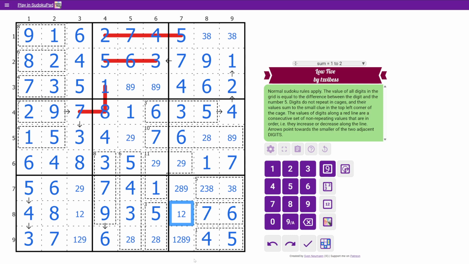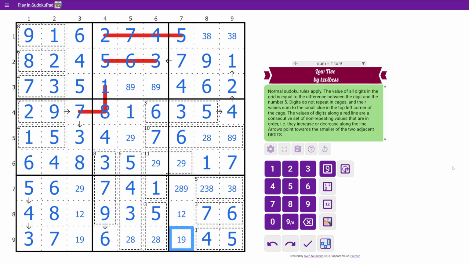Oh, this is gonna have a 3. Oh, yeah, I guess that's not quite resolved. There is a 2, 8 combo in there, in that bottom row though, so this is not a 2.